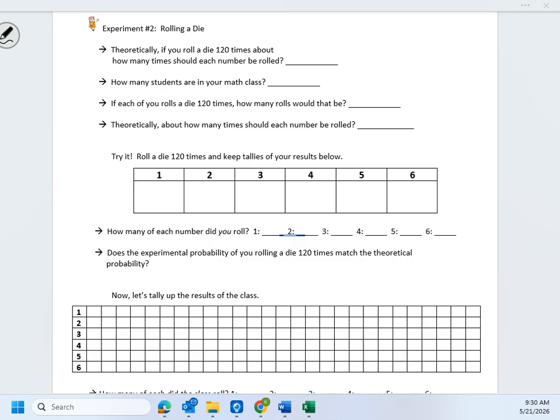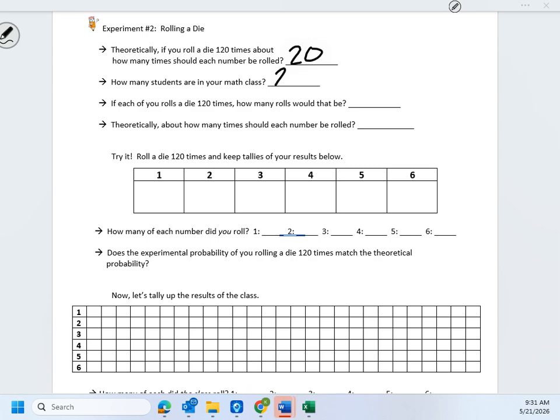If we're rolling a 6-sided die 120 times, what do you think, Rhoda? 20 times? Yeah, because 20, 20, 20, 20, 20, and 20 adds up to 120. So you take the 6 outcomes and you divide that 120 rolls by 6. So each number should be 20 times. Does that make sense? So you take your total outcome, divide it by the possible outcomes, and that tells you how many times each should be rolled.